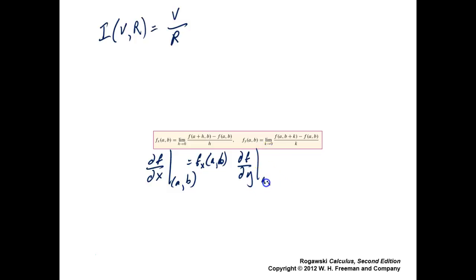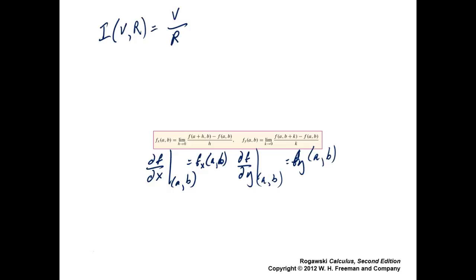And same thing here. If this is at the point (a, b), this would be the partial, f sub y evaluated at (a, b). Okay, so just different ways to express that.